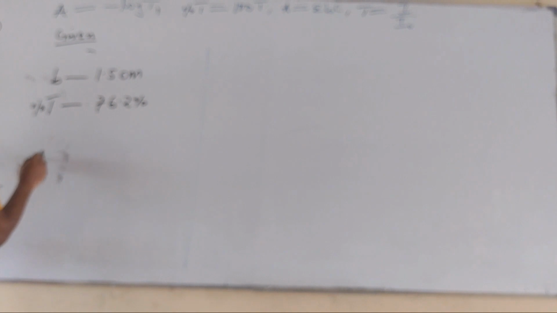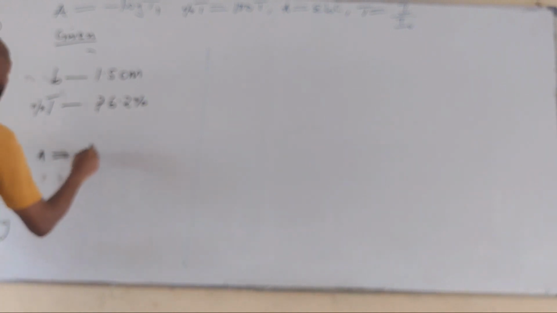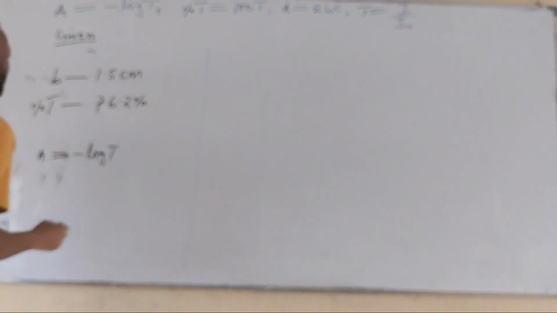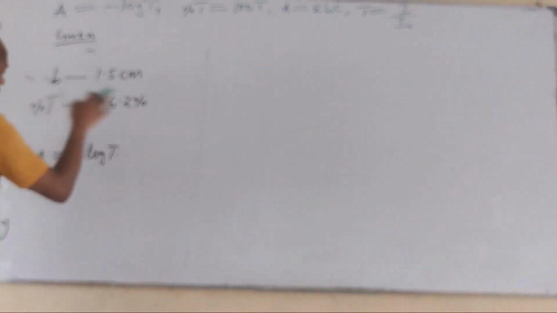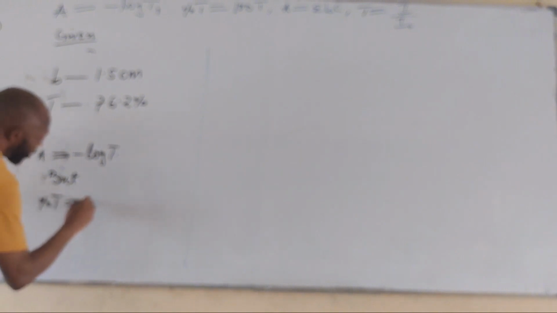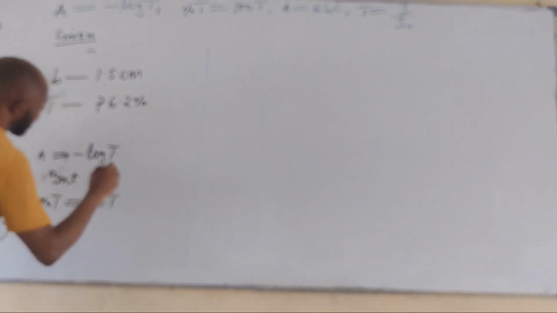Okay, so we say absorbance is equals to minus log T. But we don't have T, we have percentage transmittance, so we have to convert the percentage to transmittance. Percentage transmittance is equal to 100 times transmittance.